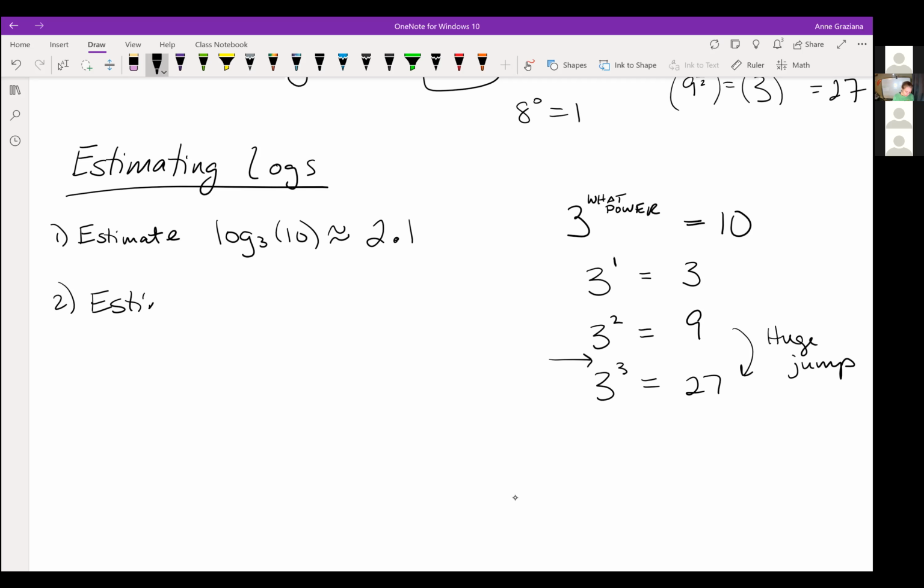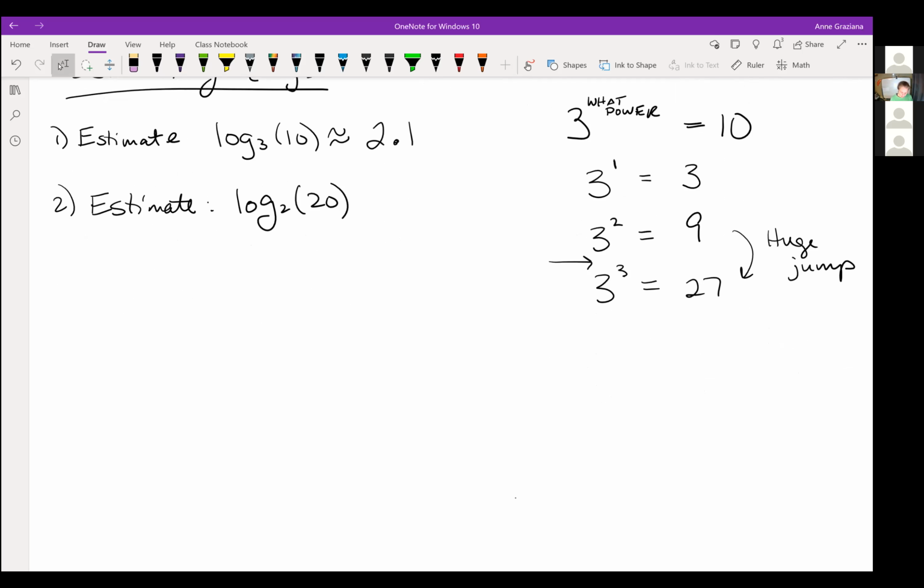Estimate log base 2 of 20. Again, I'm going to look at my powers. I know that 2 to the 4th is 16 and 2 to the 5th is 32. It's twice 16. So where is 20?